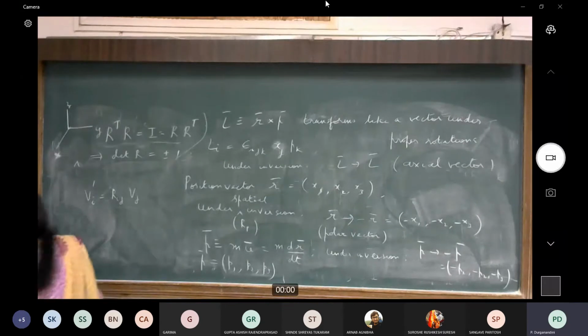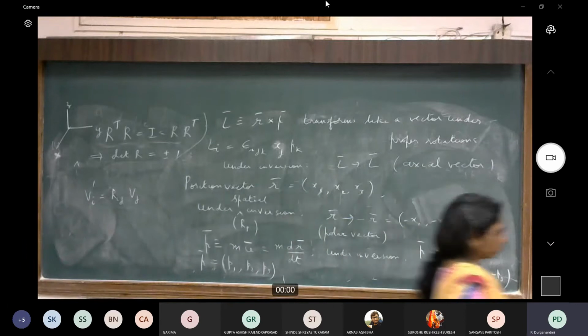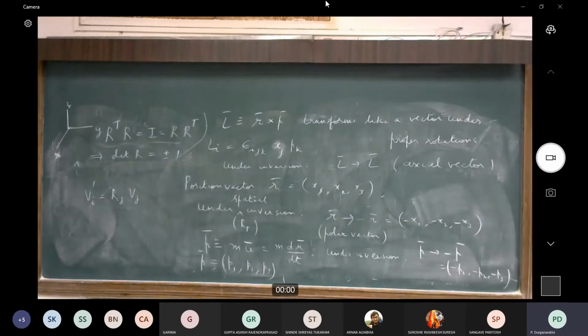So what it means is that I'm having objects which are both transforming the same way under proper rotations, but under inversions they can behave differently. So I can ask whether the same thing also holds for other objects, like scalars or tensors of rank 2 and higher rank tensors.